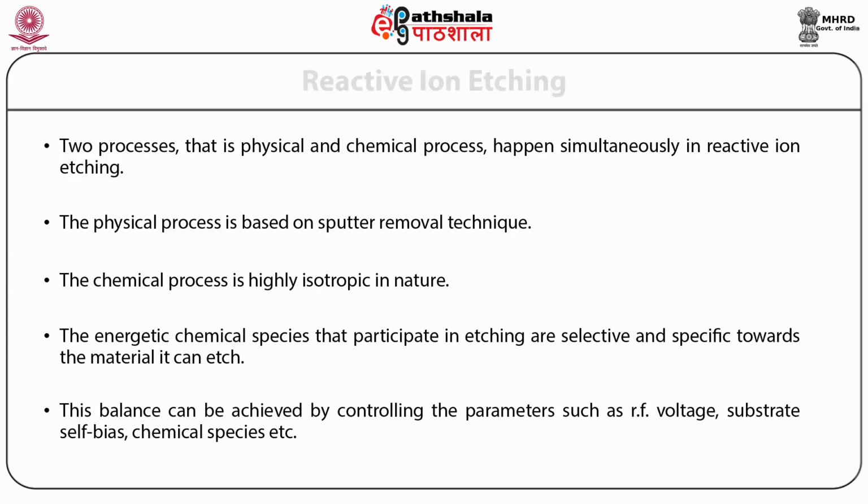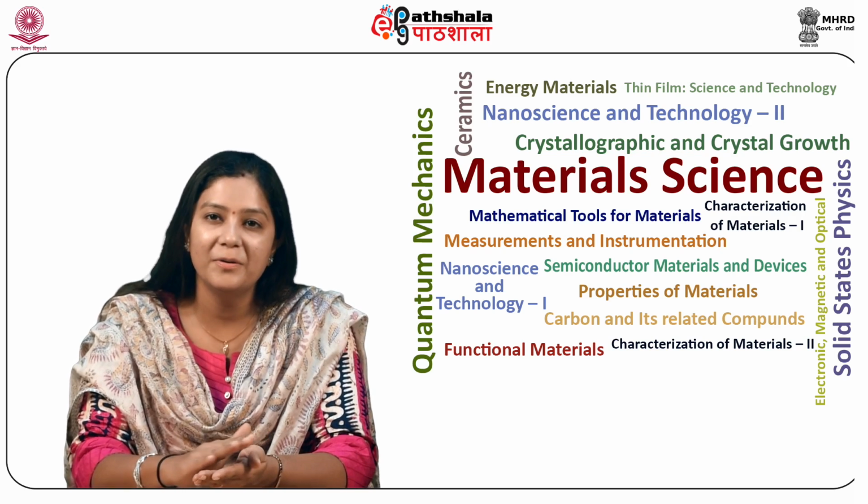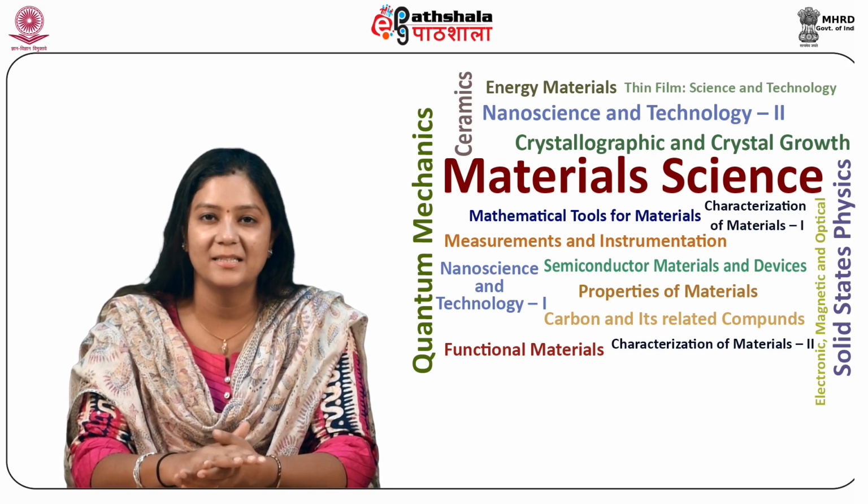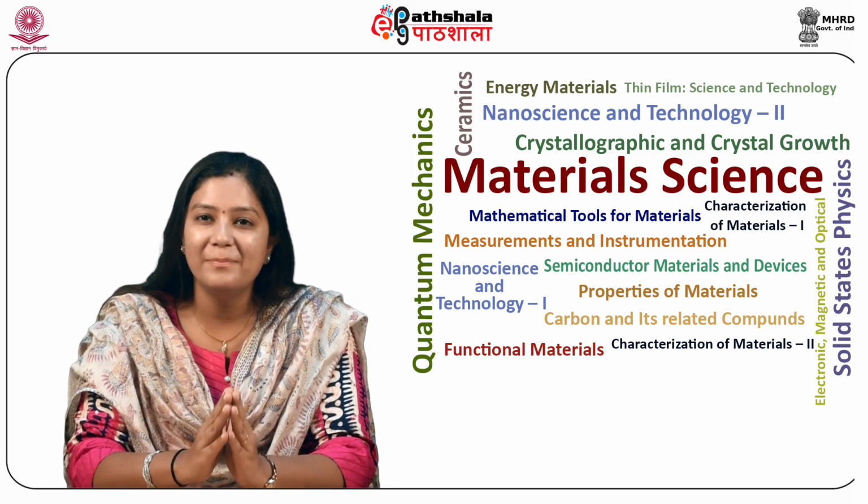As mentioned earlier, the formation of a passivation layer during etching is very advantageous. The ion beam, which is highly directional, removes these layers of native oxides and polymeric products normal to the surface.